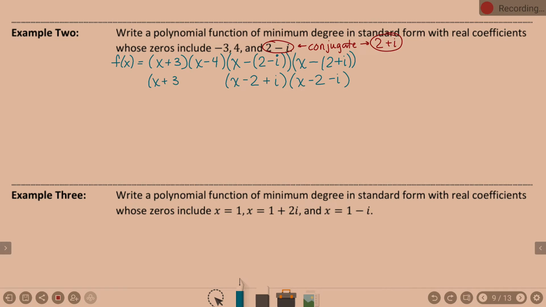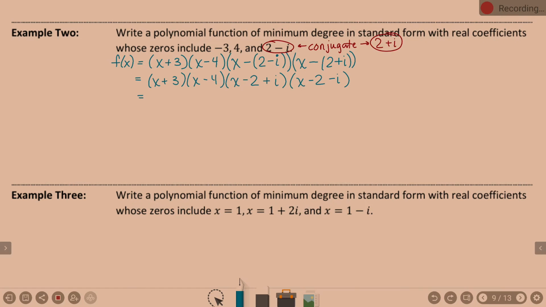Now, is this how I get to express my answer? No. It wants standard form, which means we have to foil it out. You got it. We got to multiply this out. Now, one thing I always say as you go to FOIL this: yes, there's a lot of math here, I'm not going to argue that.